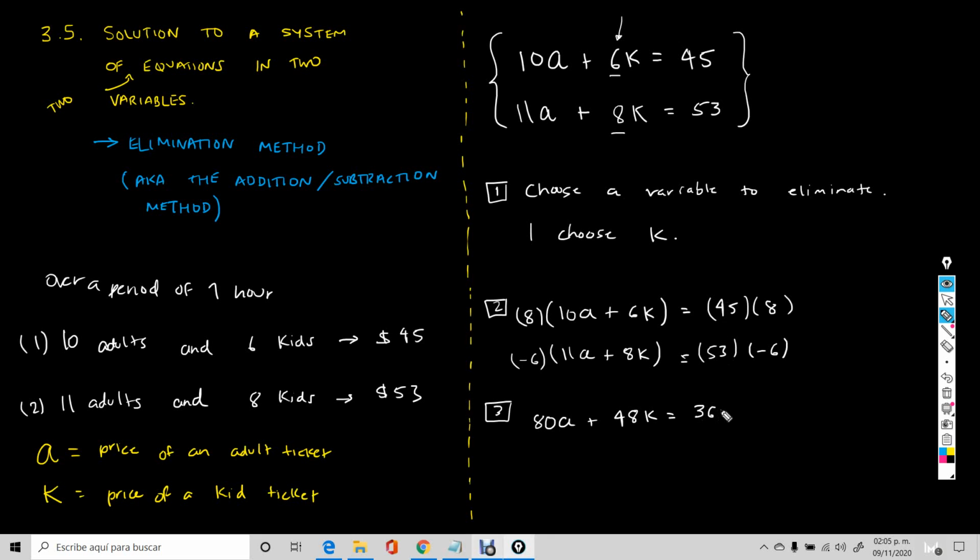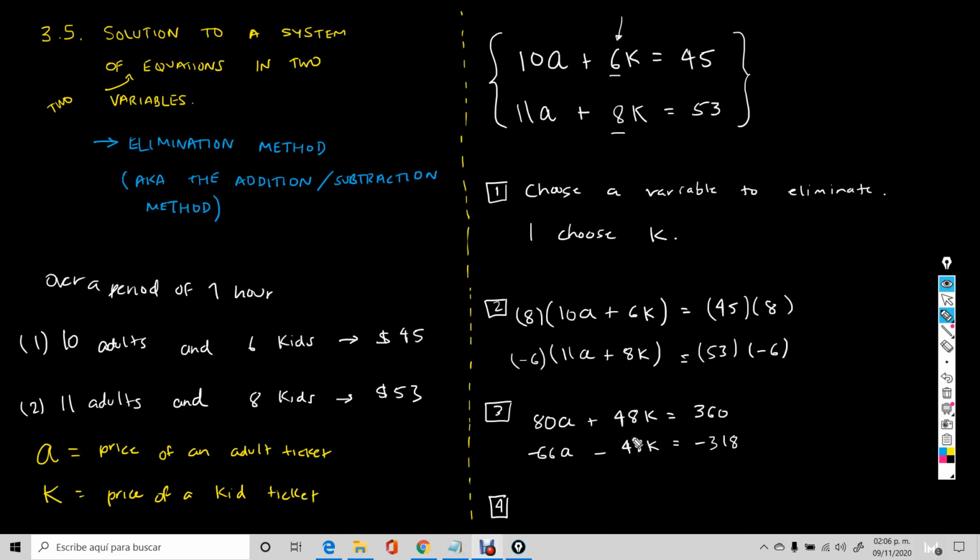Remember, you can always use a calculator, no problem. And now the other equation will be this. This is what you get. I just performed the multiplications that I established in the second step. There you go. Next step, step number 4.